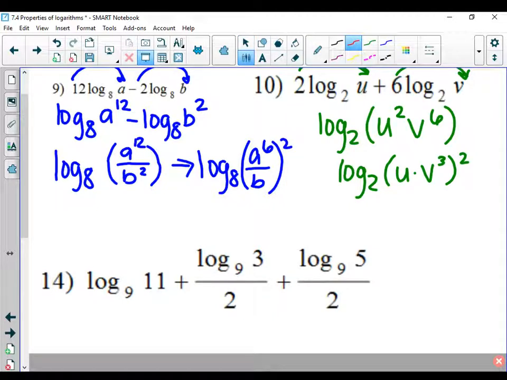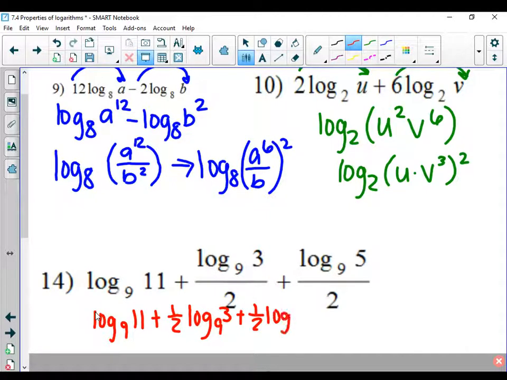So this is just the same thing as log base 9 of 11 plus 1/2 log base 9 of 3 plus 1/2 log base 9 of 5. That's just how this program writes their fractions. So go ahead and try 14.